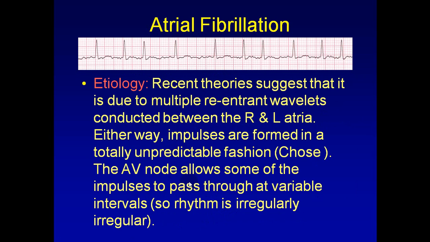Impulses are formed in a totally unpredictable fashion, as we saw, in chaos. The AV node allows some of these impulses to pass through at variable intervals, not all the atrial contractions. The atrial rate might reach 300 to 400 beats per minute, but not all these impulses pass, only a few of them. So the rhythm is irregular.